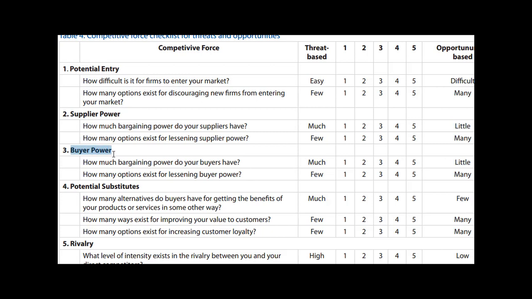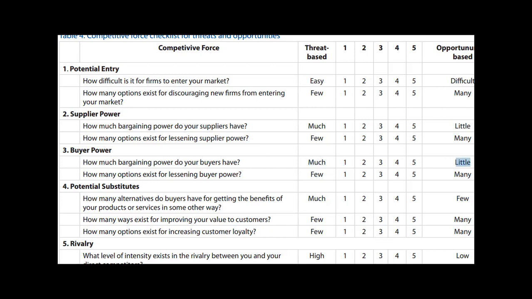After suppliers, there are your customers. Most importantly, when analyzing the industry, you should analyze how much bargaining power your customers have. There are certain industries in which your customers are very demanding. That is a threat. You will have to do a lot to satisfy your customers.